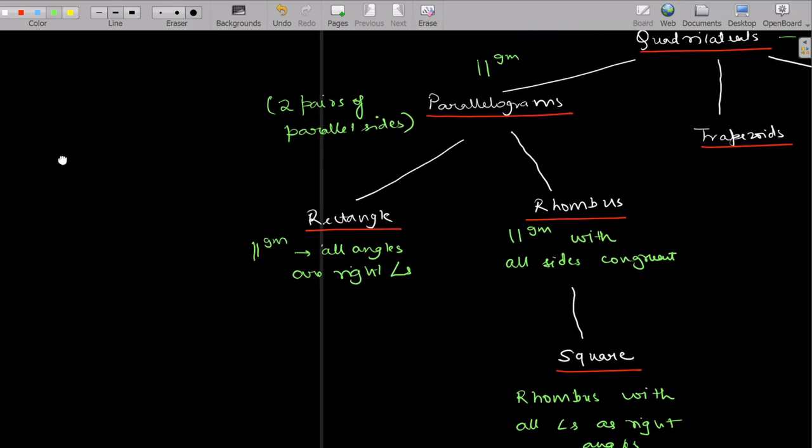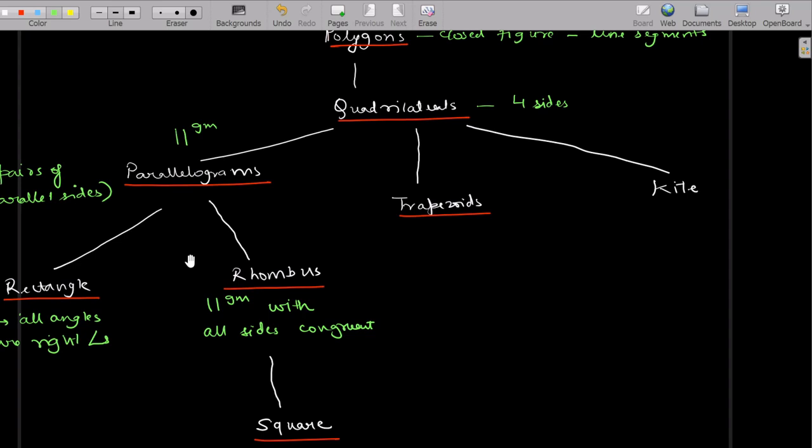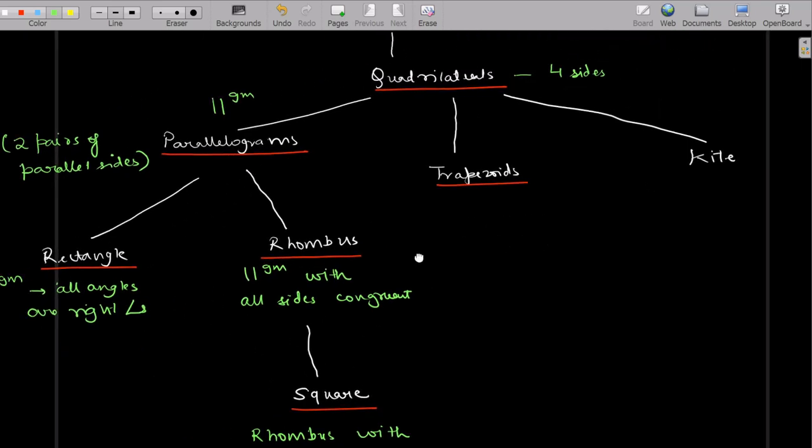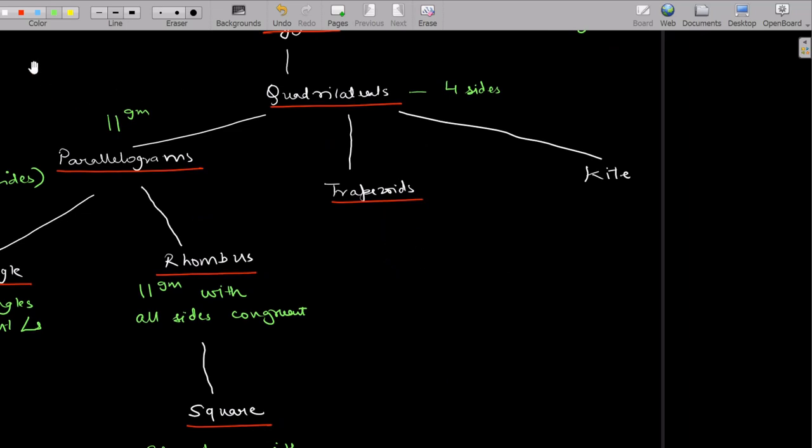Majorly we will focus on rectangle, square and trapezoid. What's a trapezoid, Tanvi? In a trapezoid, you have two sides parallel and then the other sides are slanted.